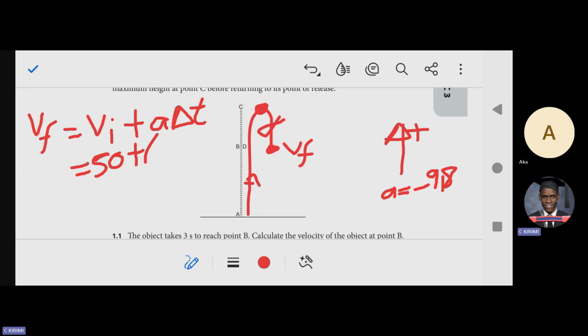Plugging it in: 50 plus negative 9.8 times, what is the delta T? 3 seconds. So multiply by 3. Then what is your final answer? My final answer is 20.6. Positive, not negative. Yeah, it's positive.